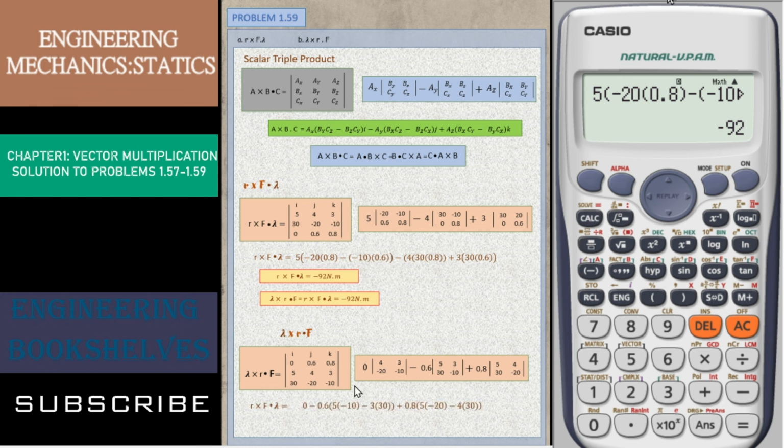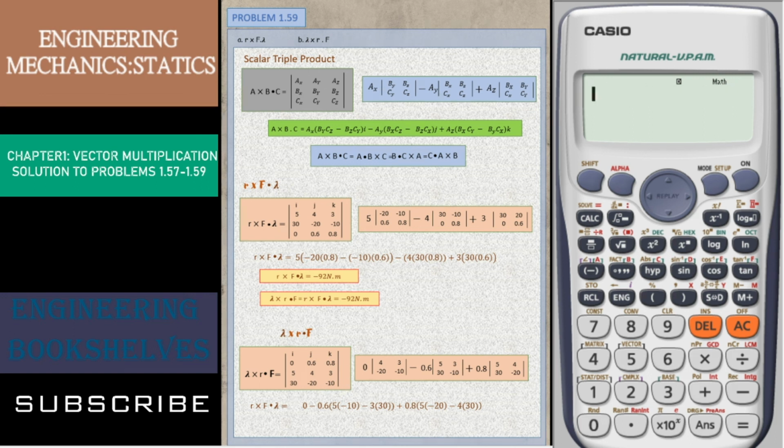So it's just like the same. The first term is actually 0 already because 0 is multiplied by the cross multiply of this one. And then for this one, minus 0.6 times the quantity 5 times negative 10 minus 3 times 30, and then plus 0.8 times the quantity 5 times negative 20 minus 4 times 30.